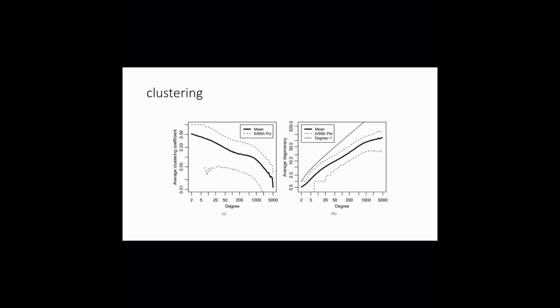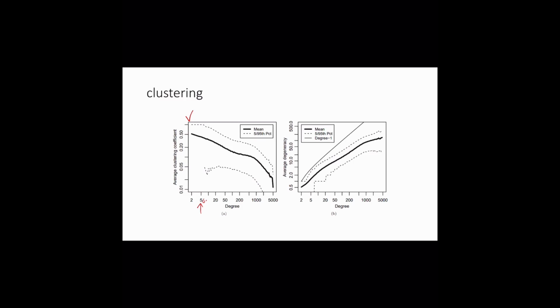So now we'll look at the graph of the average clustering coefficient. This graph is produced by calculating the clustering coefficient for all nodes of a given degree. There are many nodes in the graph that have a degree of 5 and 6 and 7 and so on.